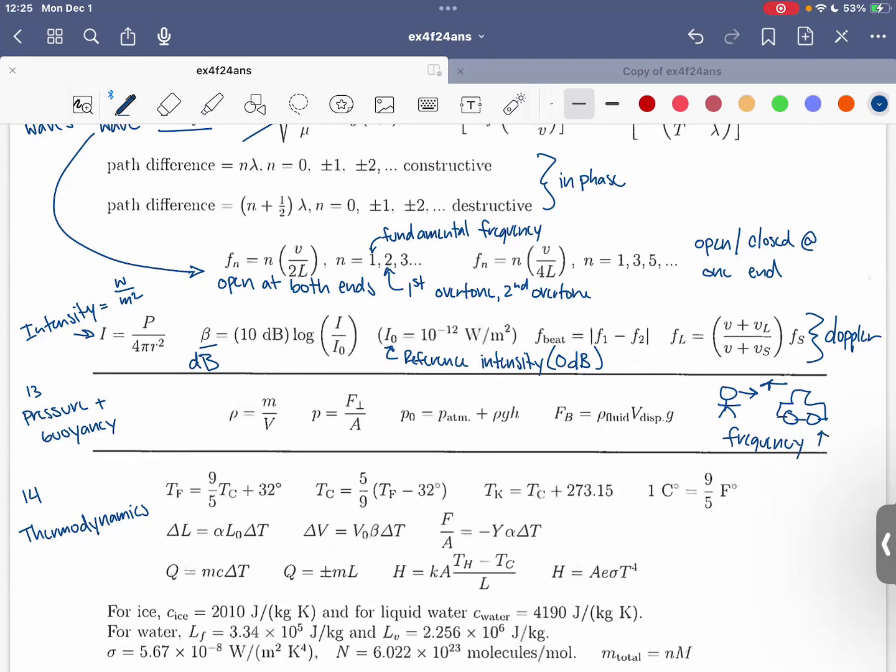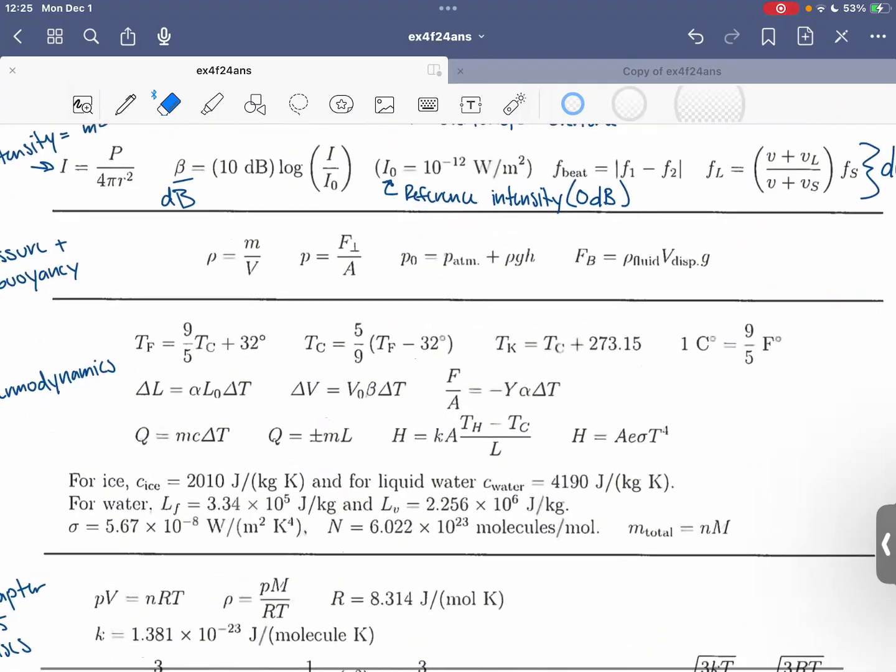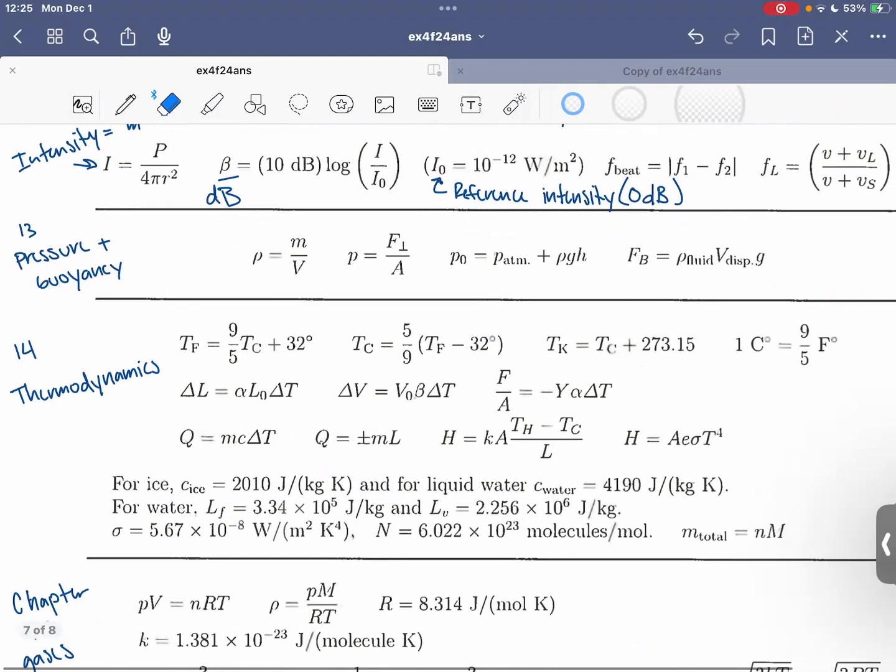If they're moving away from each other, the frequency decreases. So we'll cover that more in a question later. But that's Doppler. Okay, and then for chapter 13, we have this equation on the left. And this is just density.